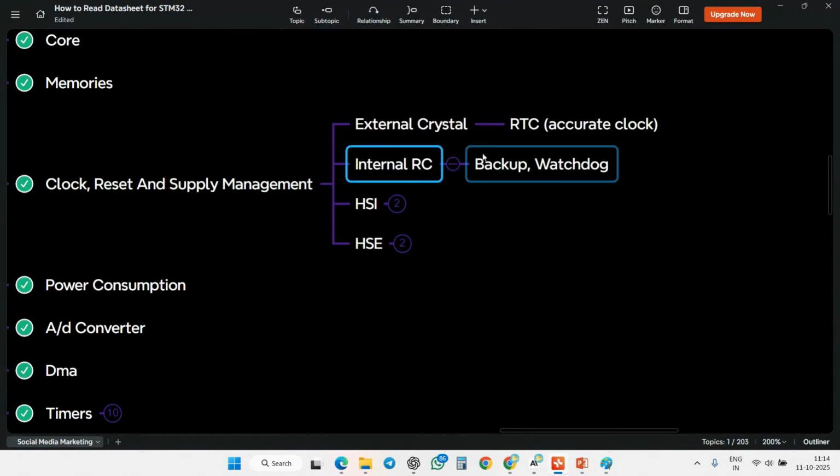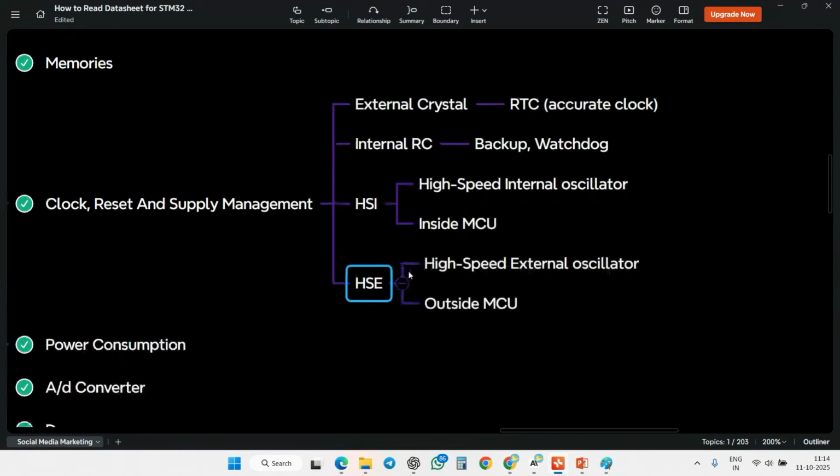This internal RTC is helpful for backup and watchdog. Whenever some malfunction happens, it helps to reset your microcontroller. We need to understand all those concepts, guys. One by one, we are going to study them. If you study one by one, you will be able to understand this.